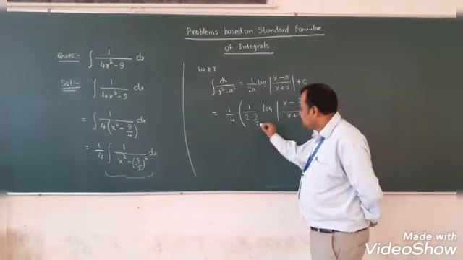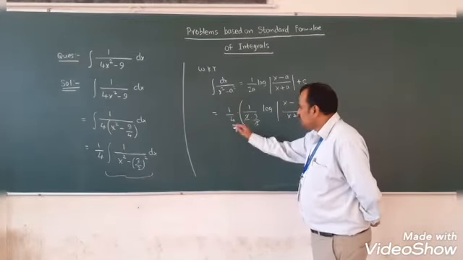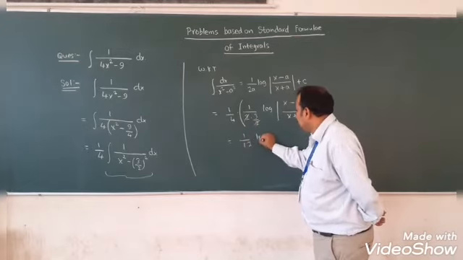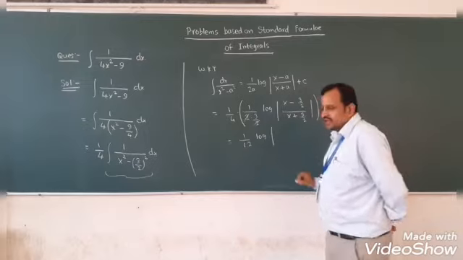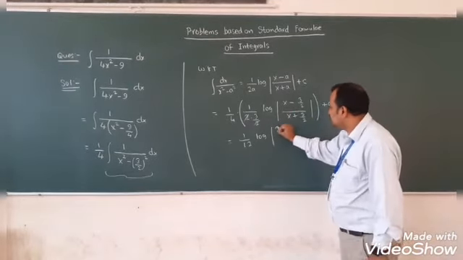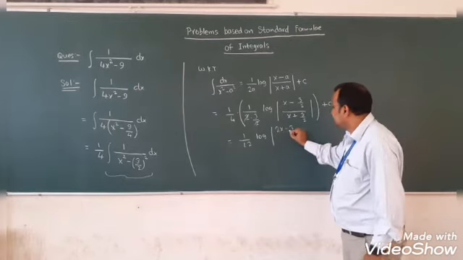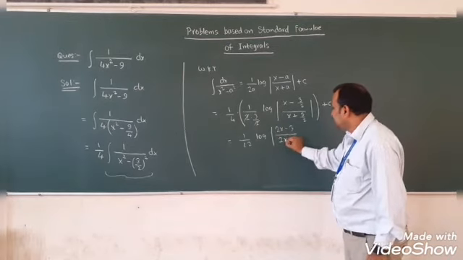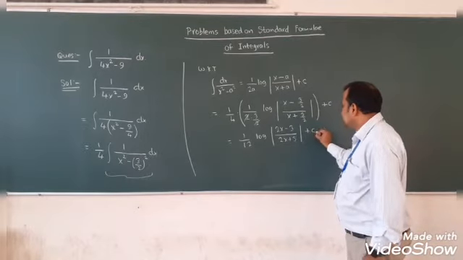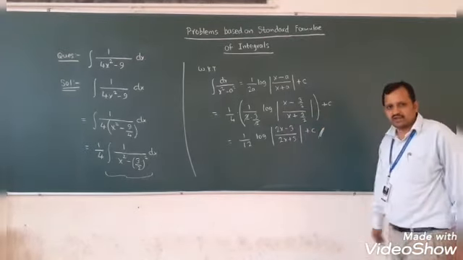Now you can see here 2 cancel. 4 into 3, 12. So 1 by 12 into log of. After taking LCM, 2 will get cancelled. What you will get? 2x minus 3 divided by 2x plus 3 plus c. So this is the required answer.